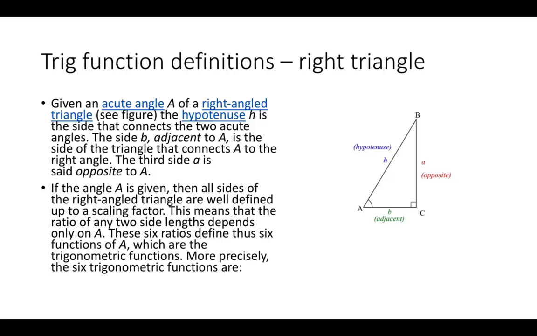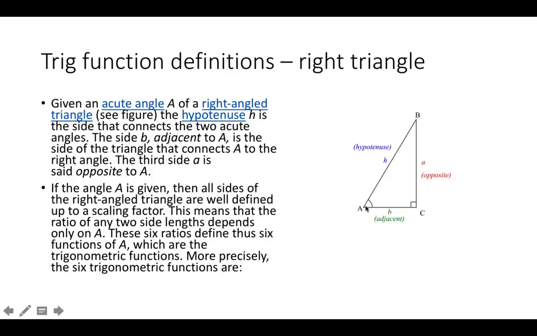So when we talk about things with respect to angle A, we talk about the opposite side of the triangle, which is illustrated here with the lowercase a, and we talk about the adjacent side, which is illustrated here with the lowercase b. And then the hypotenuse, obviously, is always the side of the triangle that's opposite the right angle.